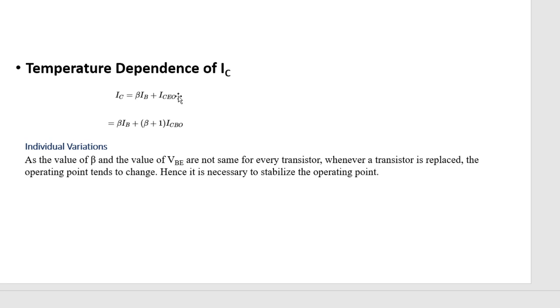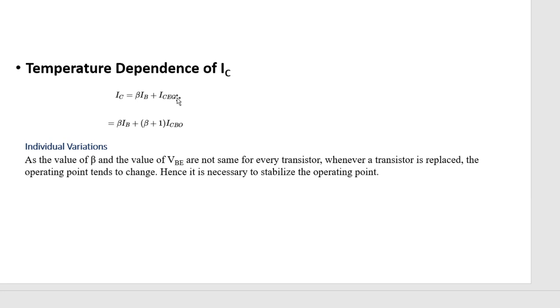In both cases, O represents that the third terminal is open circuit. The value of ICEO, this reverse leakage current, doubles for every 10 degrees Celsius increase in temperature.